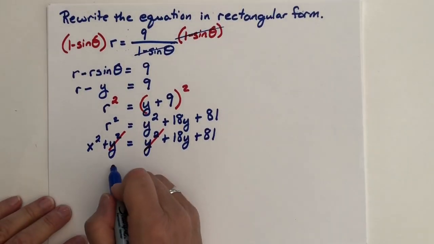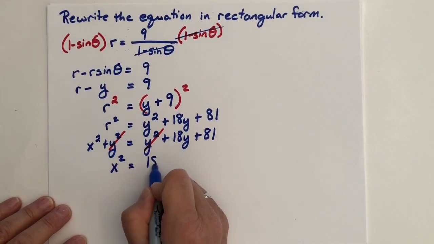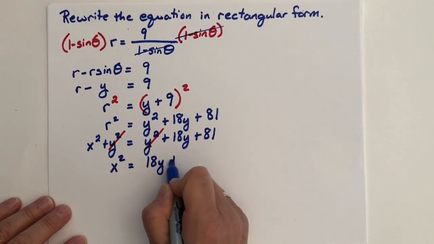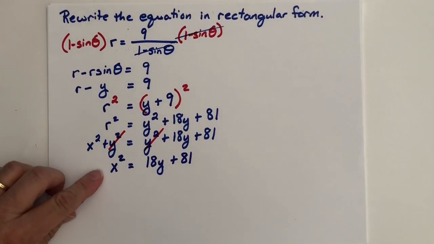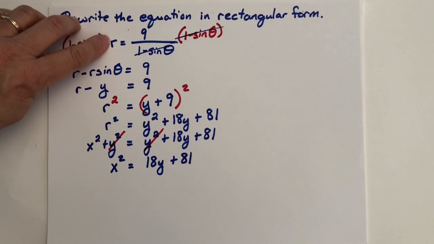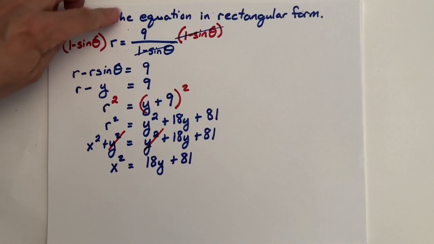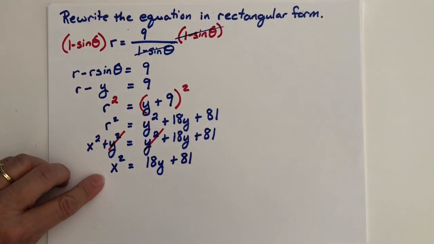And we have this equation. x squared equals 18y plus 81. I hope you recognize it now as a parabola. I wouldn't have expected you at this point to have recognized this as the equation of a parabola, but in fact it was. And now in rectangular form we can see it.